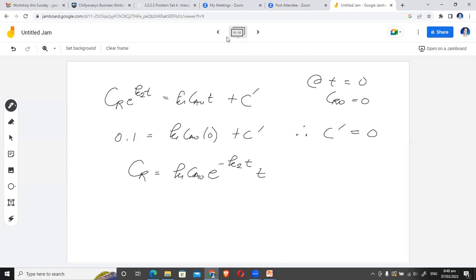The question is, based on what you have taken there as a picture, determine the maximum concentration of R and when this happens. So you now have a formula for C sub R. How are you going to determine that maximum concentration?